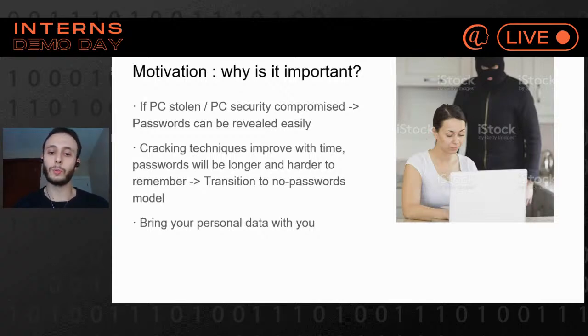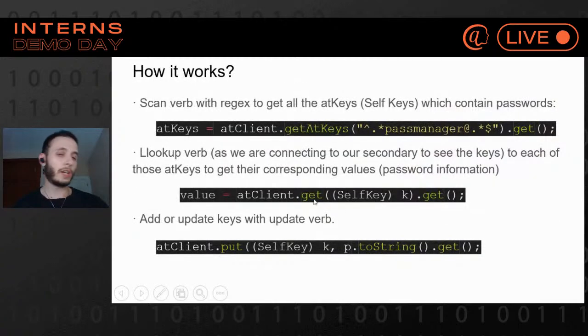In the future, we will bring our access keys to our data with us, like we do with our home keys and our mobile phone. How does it work? Well, firstly, we use the scan verb with a regex you see right here, the pass manager regex, to get all the @keys, which are concretely self keys, which contain the passwords.